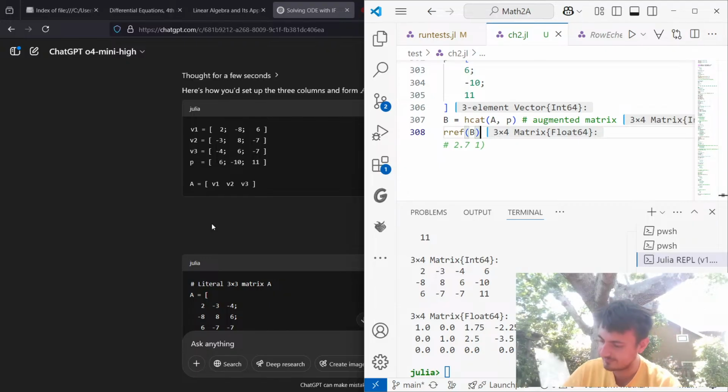So the parametric vector form of this is going to be minus 2.5, minus 3.5, plus, oh, and then 0, I think.